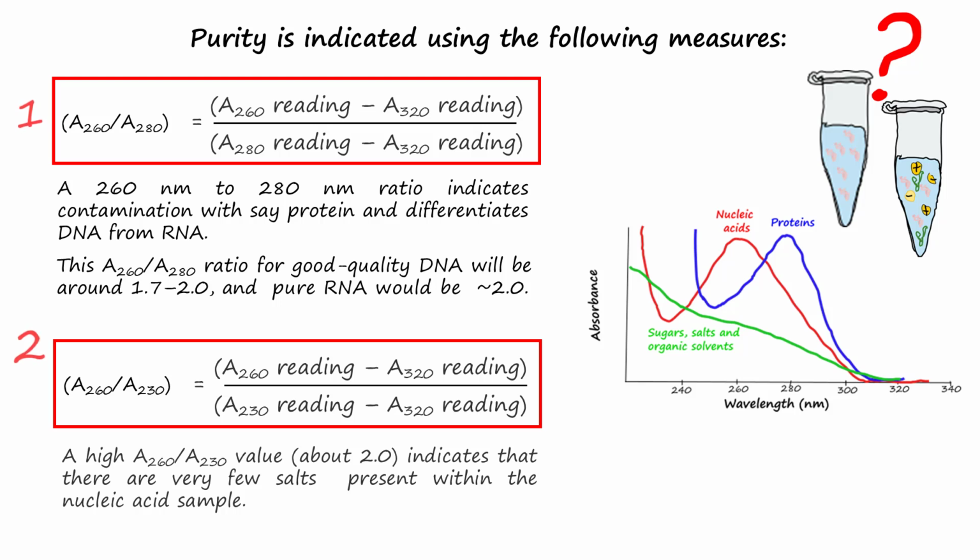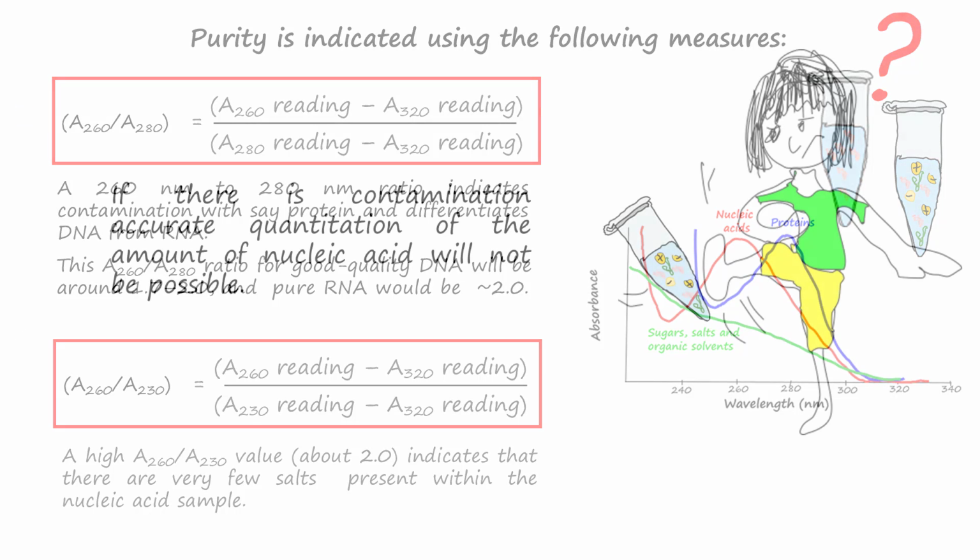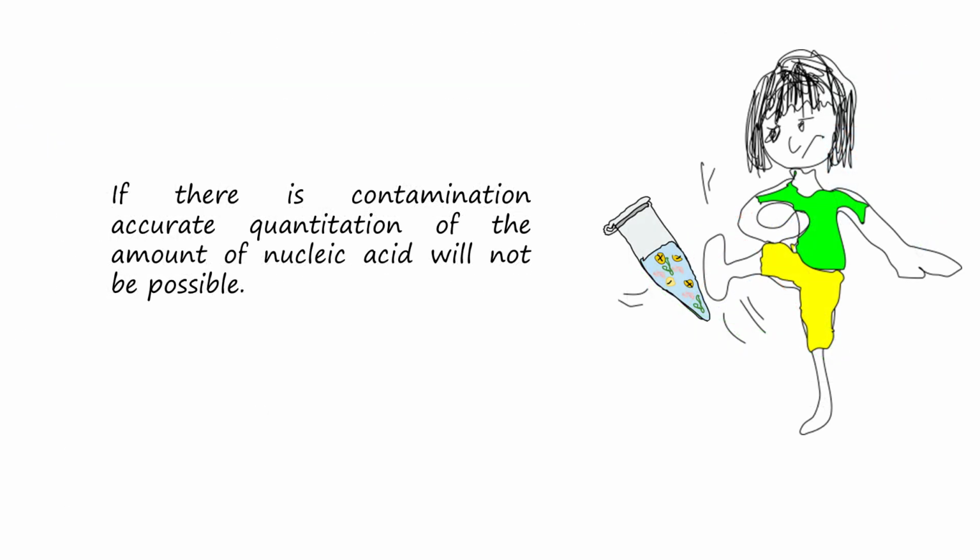Lower values suggest contamination with, say, protein. The second, absorbance at 260 divided by absorbance at 230, should be around 2. Lower values suggest contamination with salts. If there is contamination, accurate quantitation of the amount of nucleic acid will not be possible.